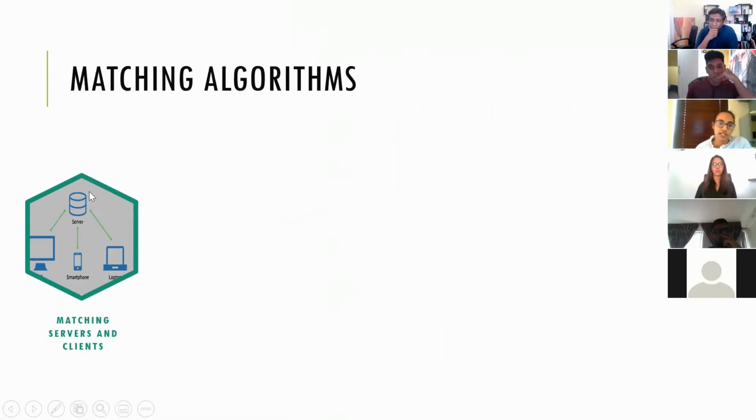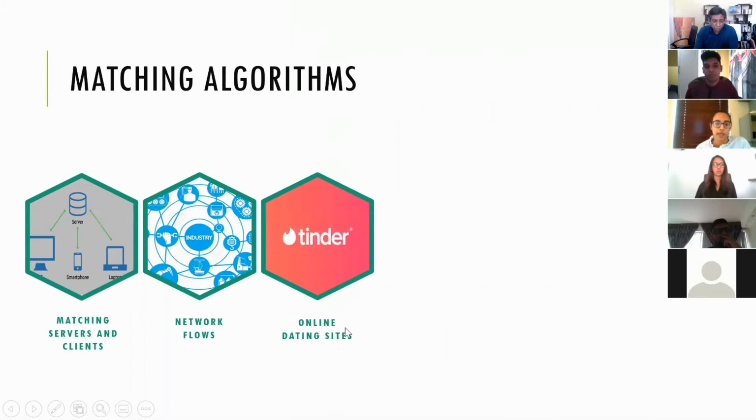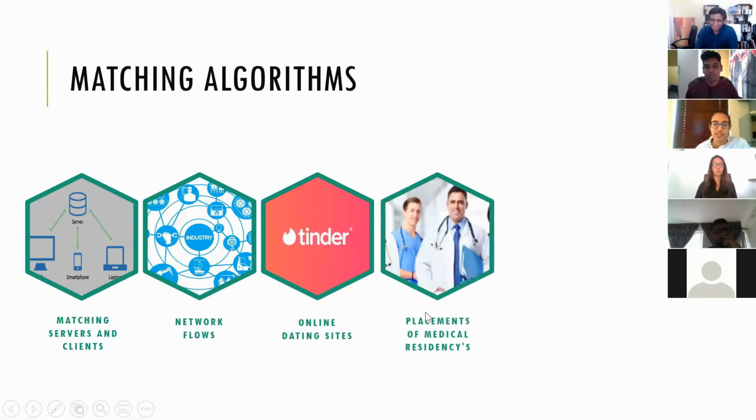In the IT industry, matching algorithms are quite big in matching servers and clients. In industrial network flows, this is where we are working, matching companies, sources, and sinks. Online dating sites, not sure if anyone has some experience with that. Placement of medical residencies.